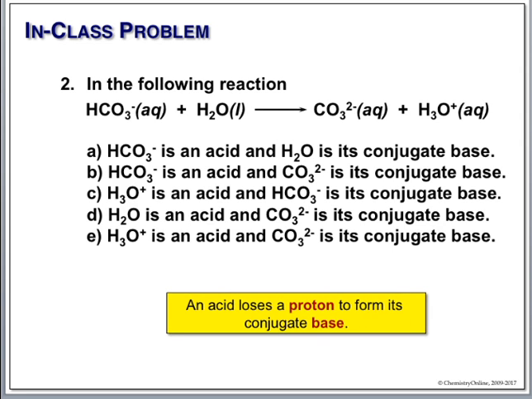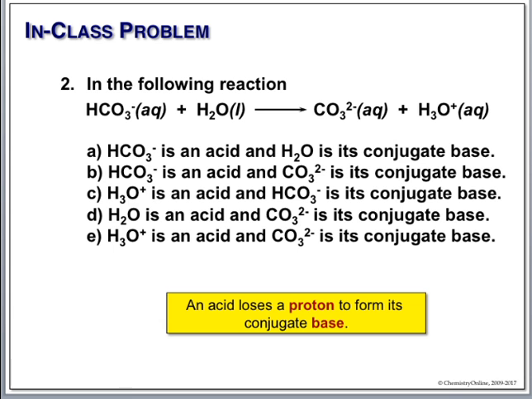So which of these does the acid lose a proton to form the same compound minus a hydrogen but with 1 negative charge? Well, it's not this, is it? Because these are different compounds.